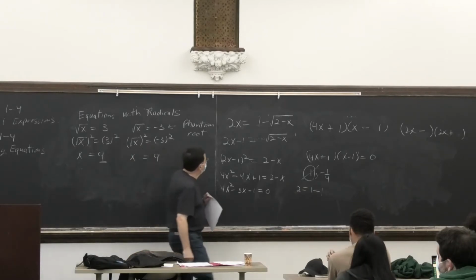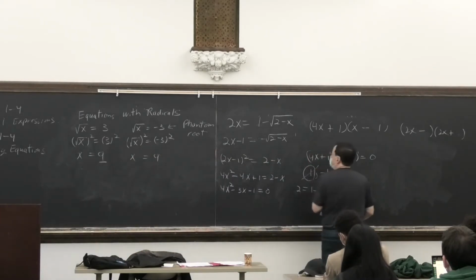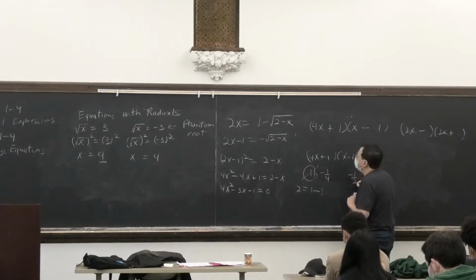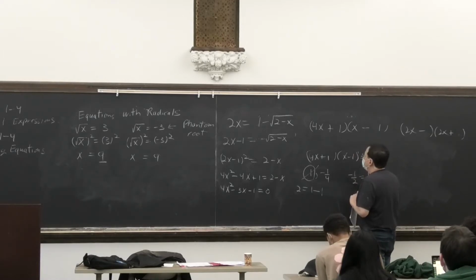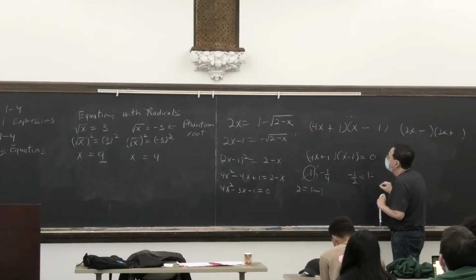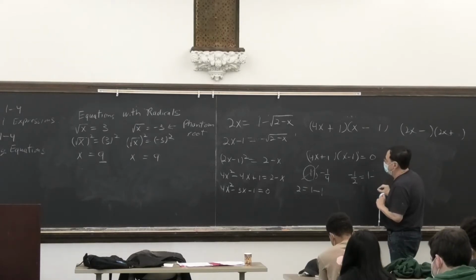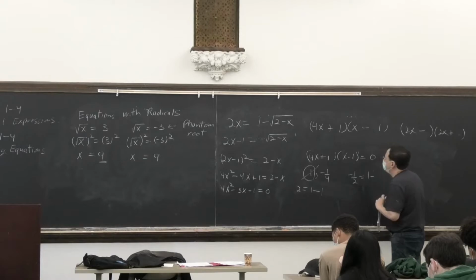I guess we should check minus 1/4. So 2 times minus 1/4 is minus 1/2. Equals 1 minus square root of 2 minus minus a fourth. That's plus a fourth.